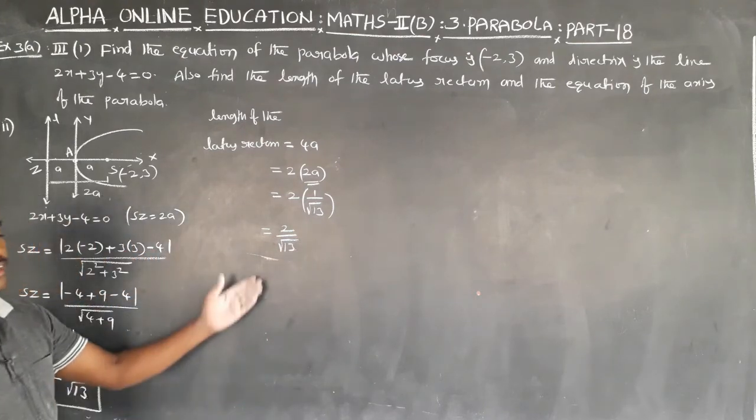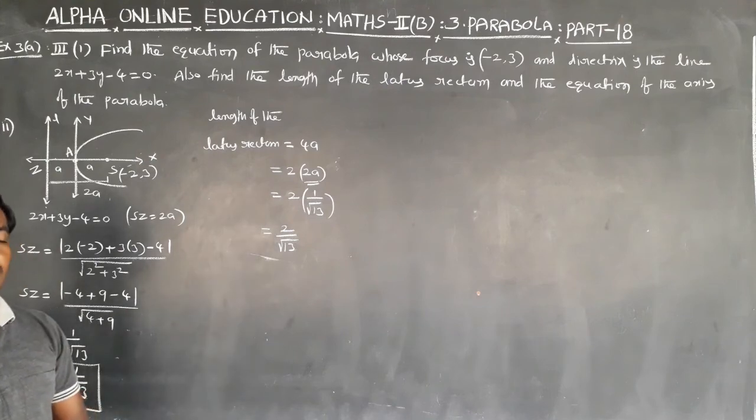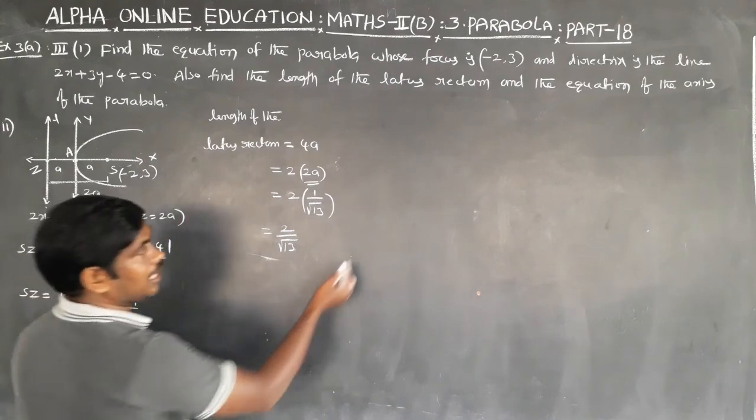This is the length of the latus rectum of the parabola: 2 by root 13.